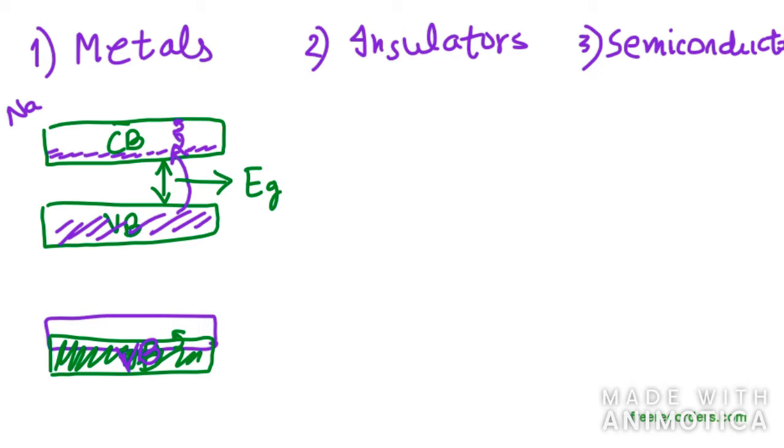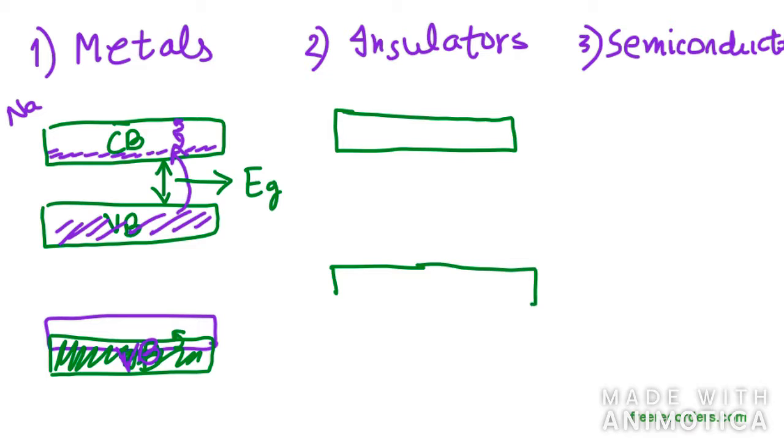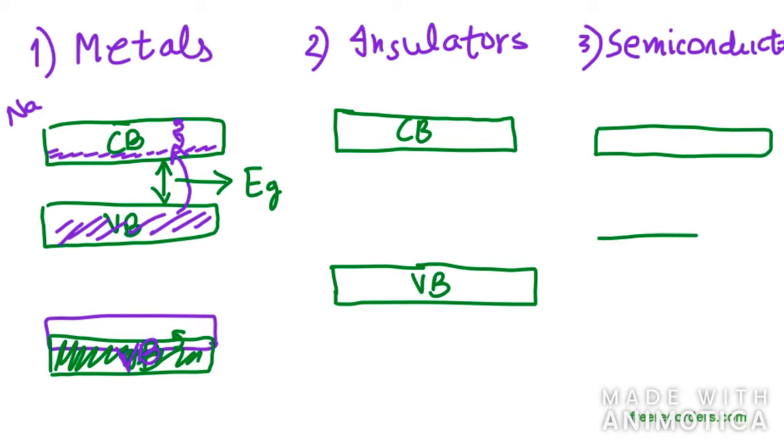Now, insulators and semiconductors are both the same, but there is one difference. We have a valence band and a conduction band. Similarly, in the case of semiconductors, we again have a valence band and a conduction band.